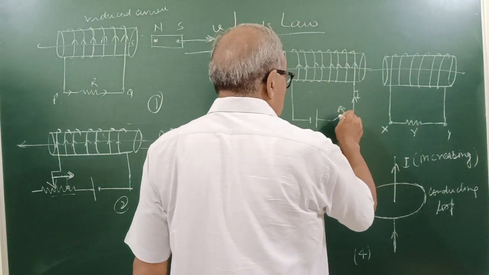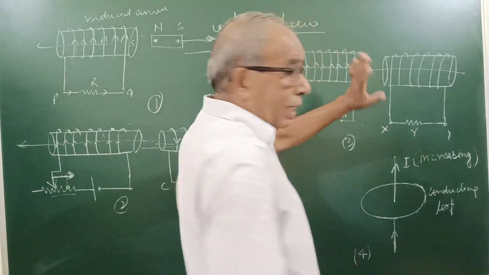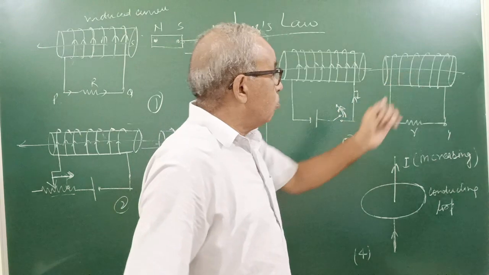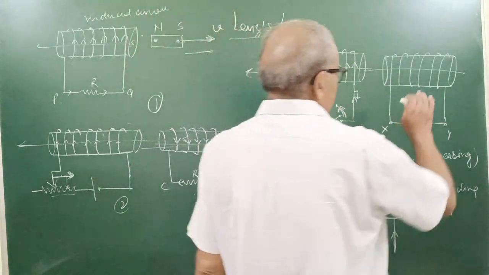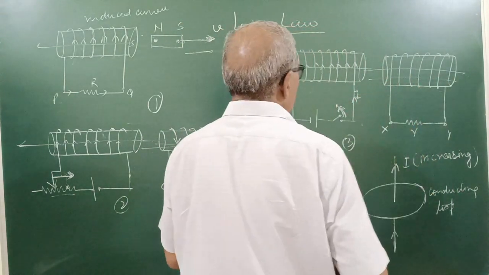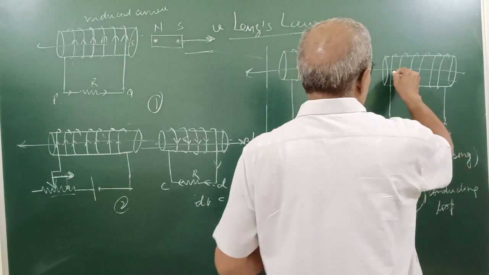As we release the key, the current here starts decreasing. Current in this coil is decreasing, so the magnetic field will decrease again. So it will produce a magnetic field in the same direction. It is only possible if this carries current this way.